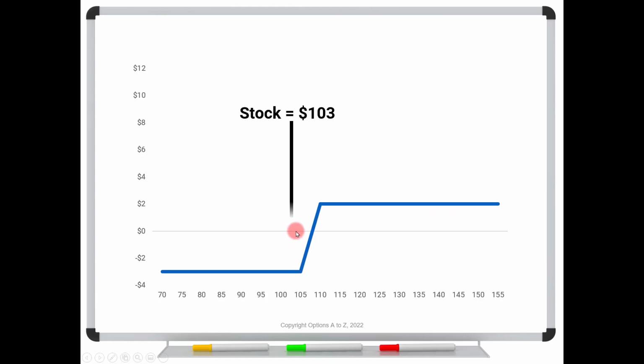Let's just say that the stock is down here maybe at 103. Without getting into details on volatility and things like that, it's not really a far stretch to think that you've got a pretty good chance of making maximum gain. In fact, if we overlaid a bell curve, remember that the bell curve sits over the current stock price.